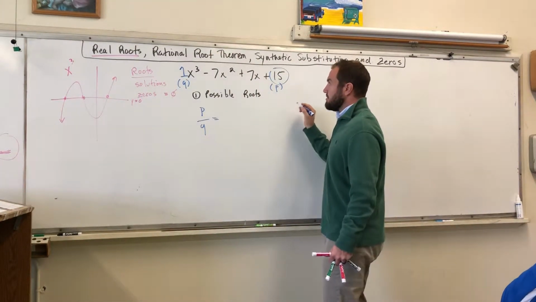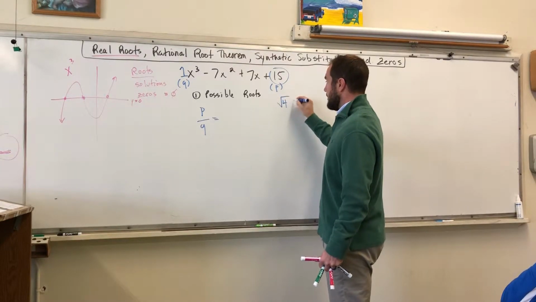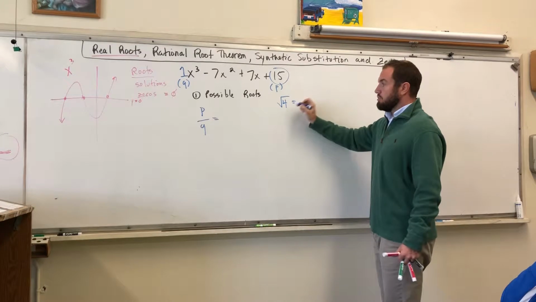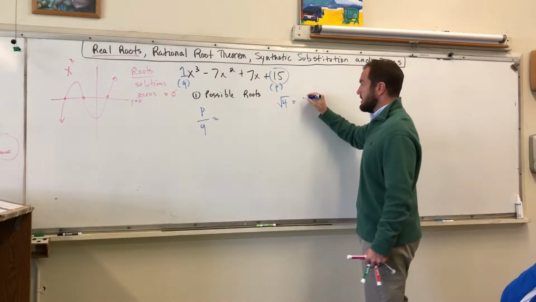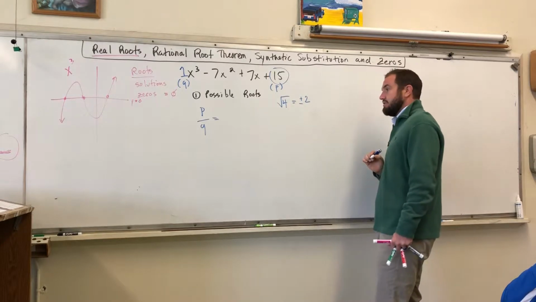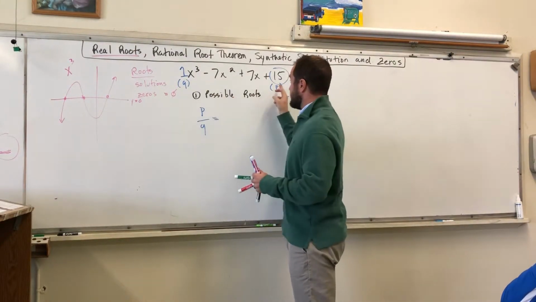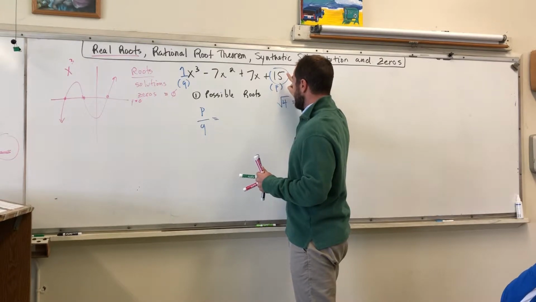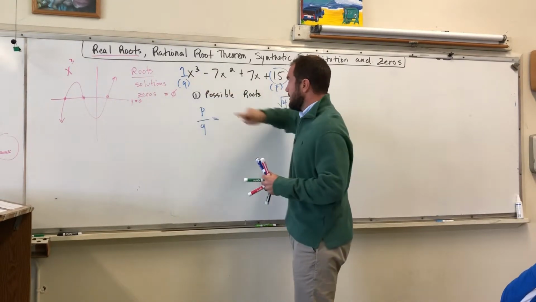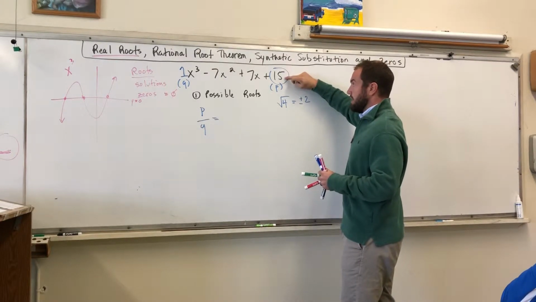And we understand that when you take the square root of 4, the possible answers are not just 2 or positive 2, but it's actually plus minus 2. So when you're working with possible roots for 15 and 1, you're looking not only at the positive form of that, but the negative form.